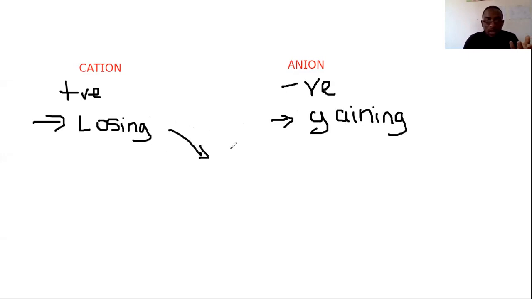Both particles are either losing or gaining electrons. So what loses?